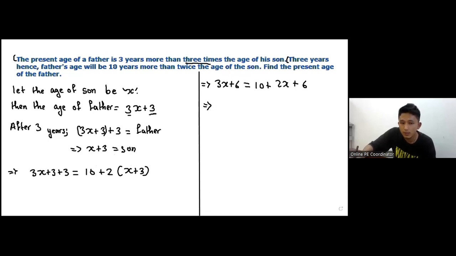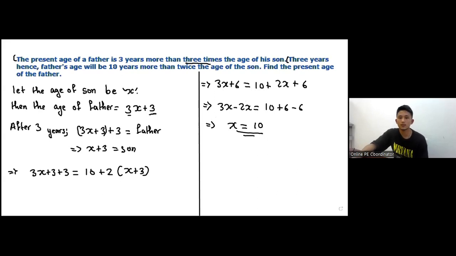Now bring the common terms together. So 3x minus 2x equals 10 plus 6 minus 6, remember. So 3x minus 2x is x, and x equals 10. So what is the present age of the father?